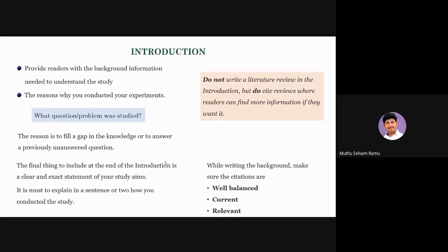That has to be included. If it is a gold standard method, then it is fine. You have to include it, but not the majority, not all of the articles should be old ones. You should include current articles, and they should be relevant as well.